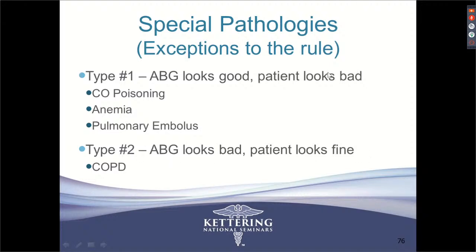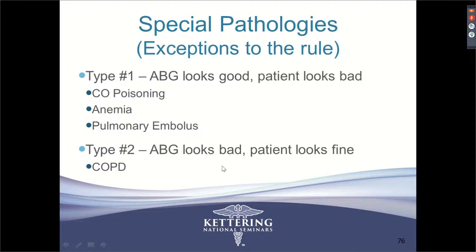Now, I tell you both of those things first because the thing we need to focus on is not the blood gas, we focus on the patient. So if I've got a patient that looks bad, but my blood gas says, hey, they're fine, I don't trust my blood gas. I always go by what my patient looks like, right? Same thing down here. If the blood gas looks bad, but the patient looks fine, then I've got to go by what's going on with my patient.